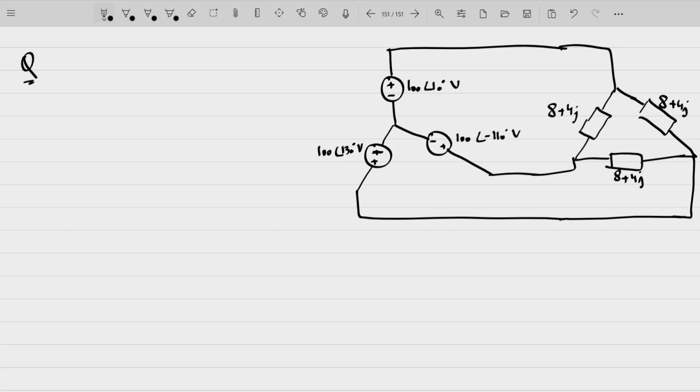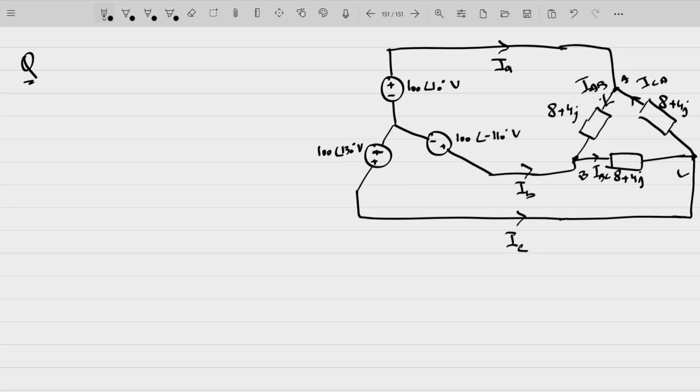So you have been asked to find out the phase currents as well as the line currents in this particular case. The phase currents here refer to IAB, IBC, and ICA, and the line currents are IA, IB, and IC.